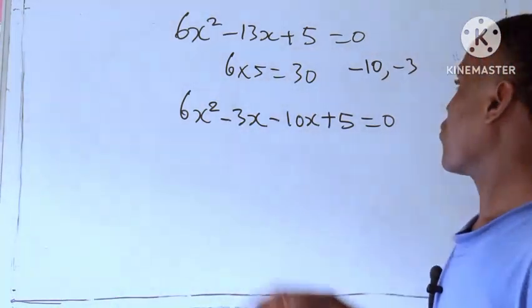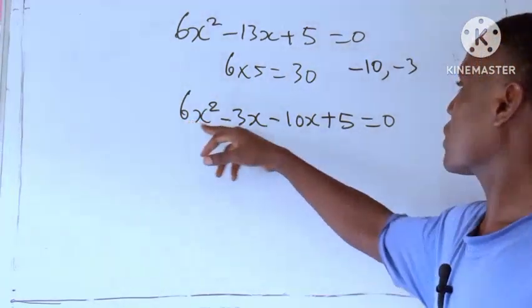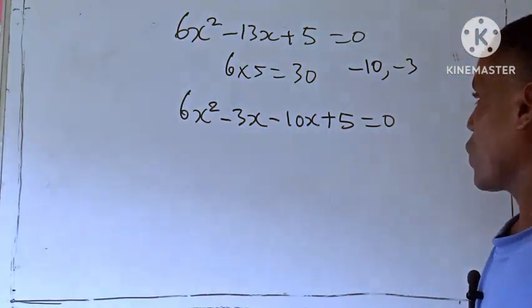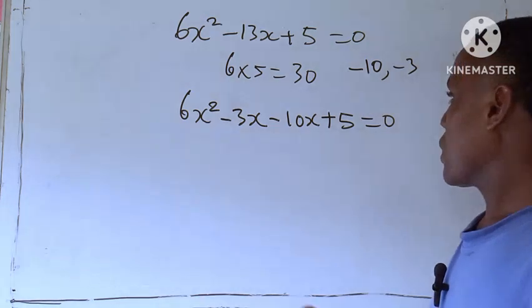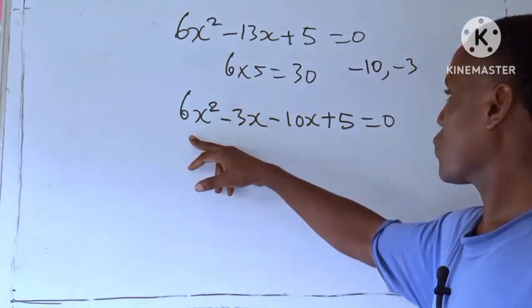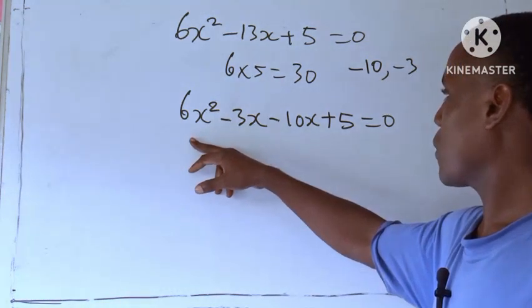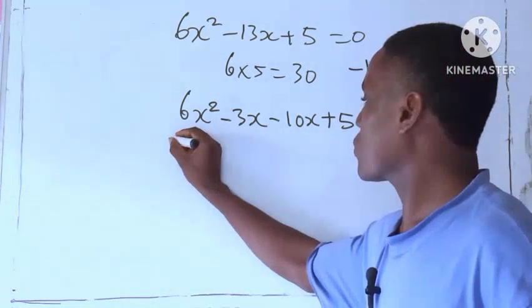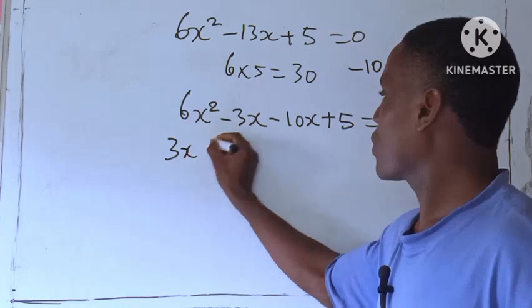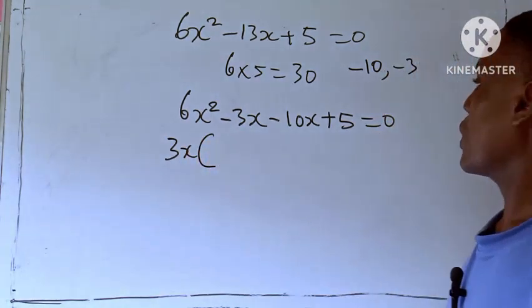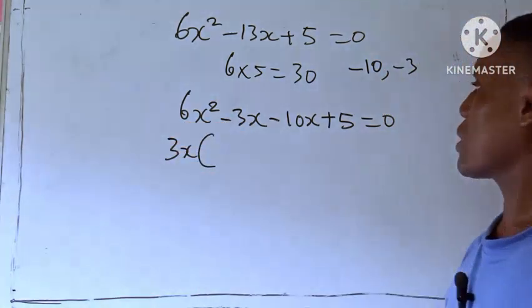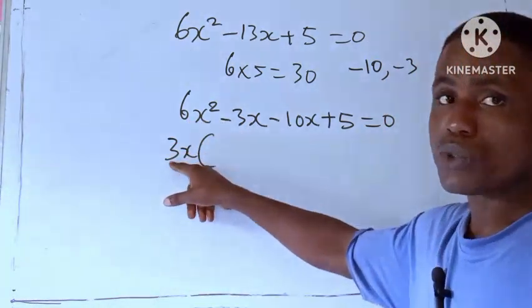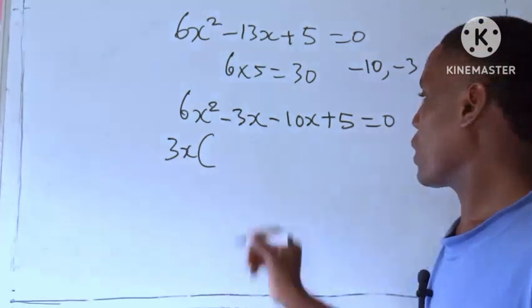Now here we can easily factor out. Look at 6 and 3, 10 and 5. You notice that we can easily factor out 3x. So 3x divided by 6x, 6 divided by 3 is 2, right?